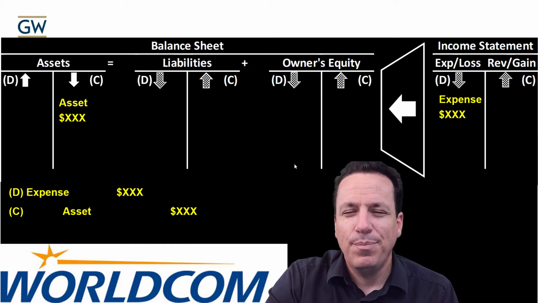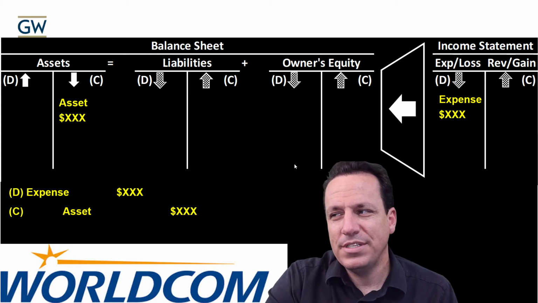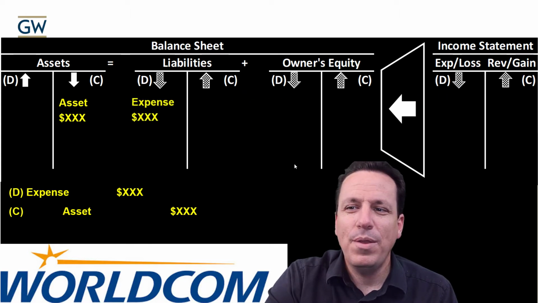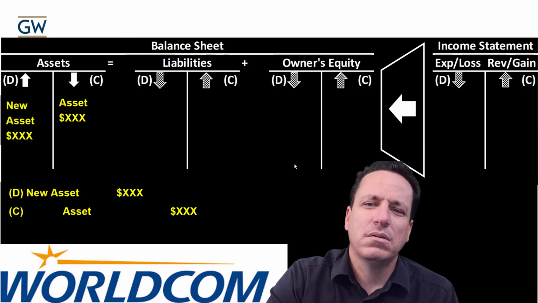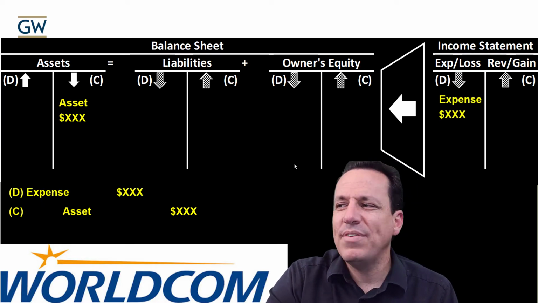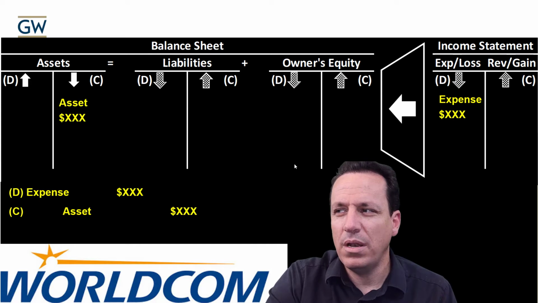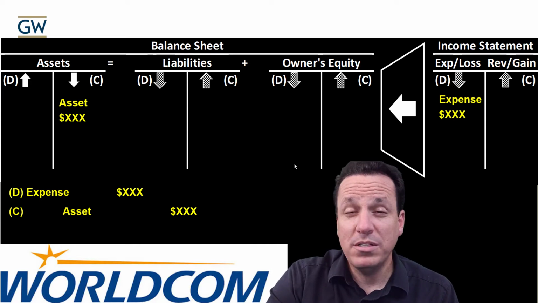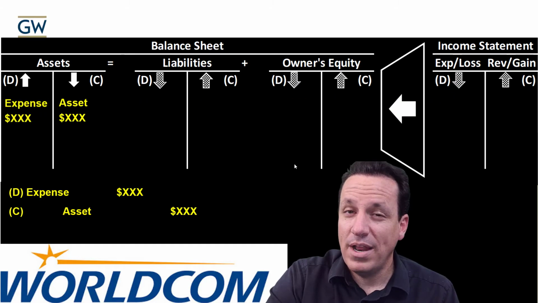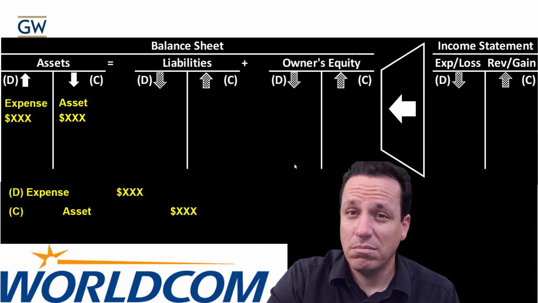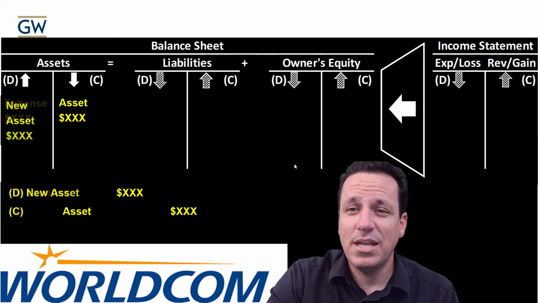We show an asset. But what if instead of an expense, we pretended this expense was some sort of new asset? You know, we have a debit here on the income statement, but if we took an expense off the income statement, you know what would happen? We'd have a lot more income. And so this is what they did.